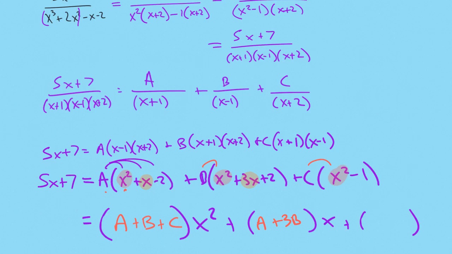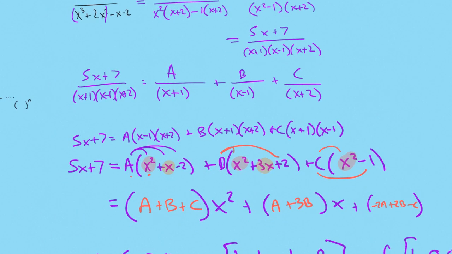Then when I look at my constants, I'd have negative 2a. From the middle, I'd have 2b, and in the third, I'd have minus c. So we get this situation where I have 5x plus 7 equals all those.